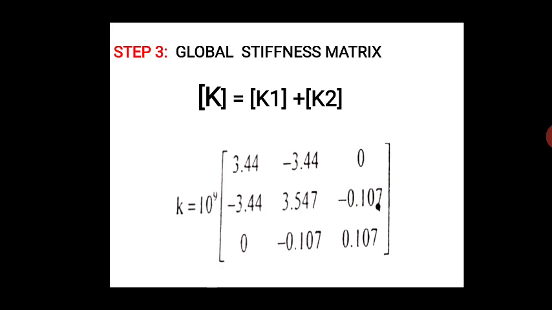When we combine, we have the global stiffness matrix as 10 raised 9 into 3.44 minus 3.44, 0, minus 3.44, 3.547, minus 0.107, 0, minus 0.107 and 0.107. This is the global stiffness matrix.